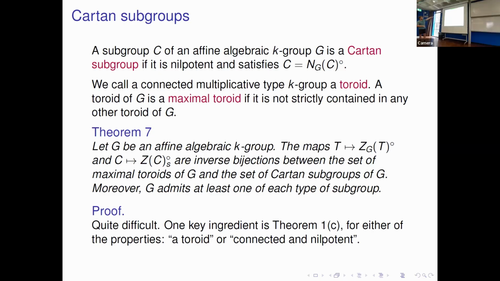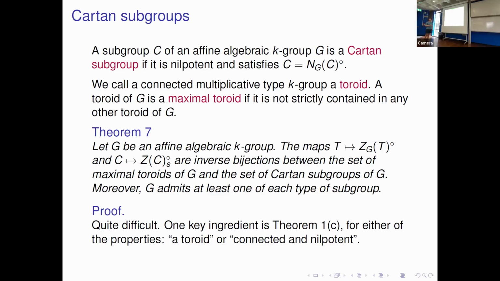A Cartan subgroup is an affine algebraic group, or even just take the word affine away, that is nilpotent and equals the connected component of its normalizer. This looks exactly like the Lie algebra definition, but the smooth definition is usually the centralizer of a maximal torus. Some anonymous reviewers told me they didn't like this definition, but I stick by it. This is what it should be.